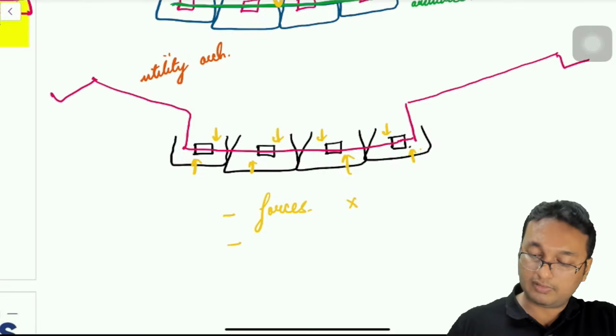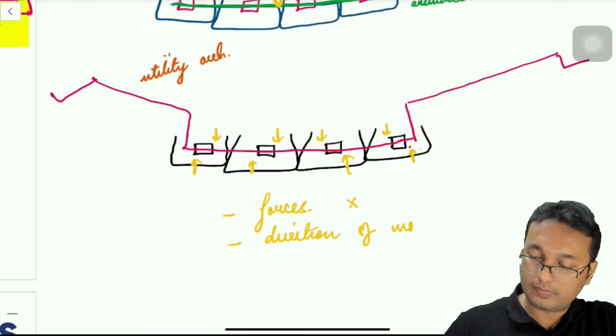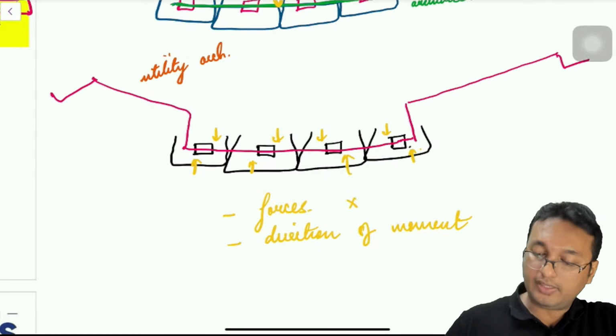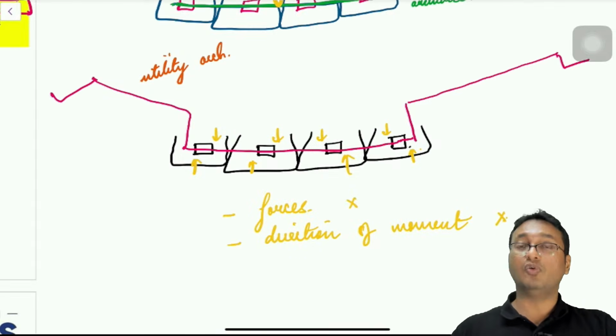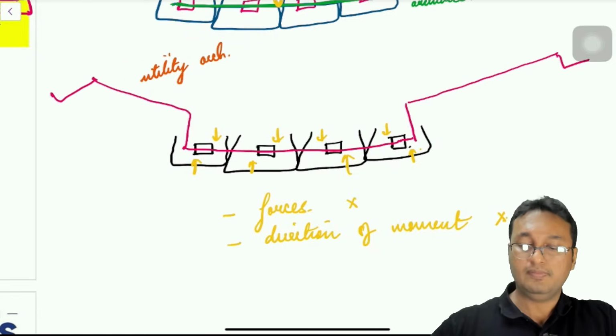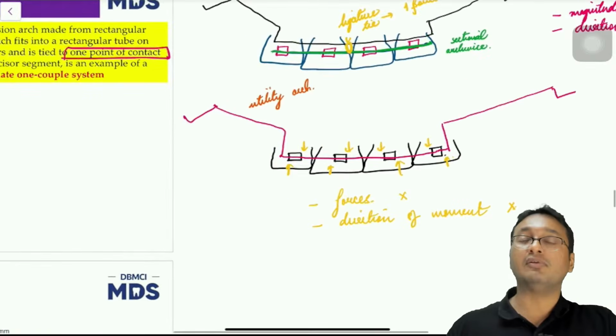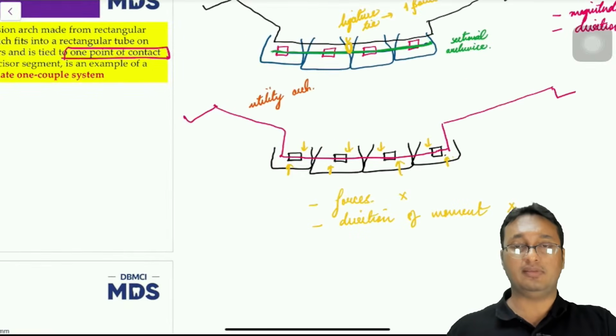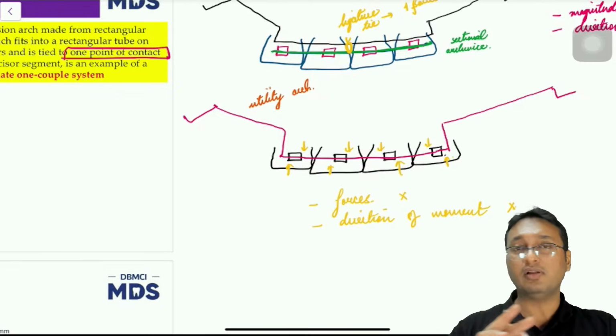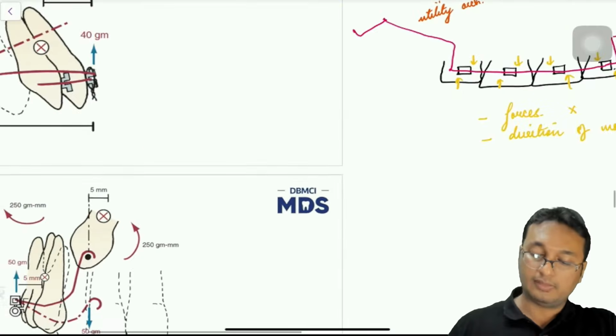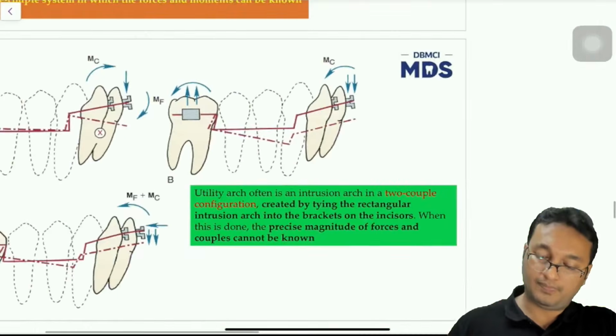Neither is it possible for the orthodontist to determine the exact direction of net moment. So we cannot determine exactly what is the force and what is the direction of movement in a very precise manner. That is why a two-couple system is also known as statically indeterminate system. We are not in a position to determine, that's why it's called indeterminate system.